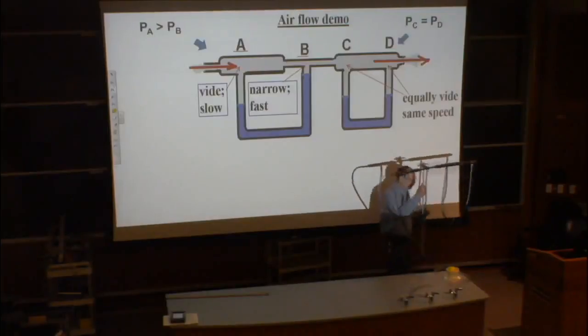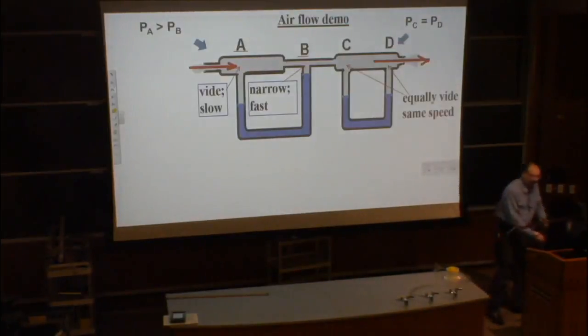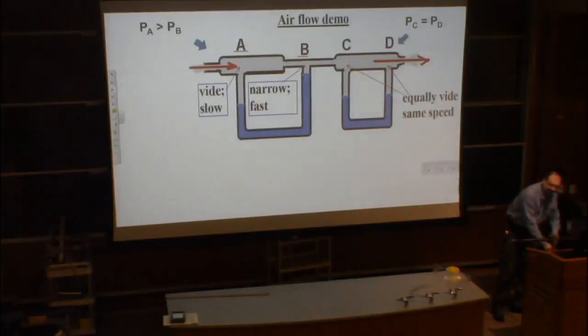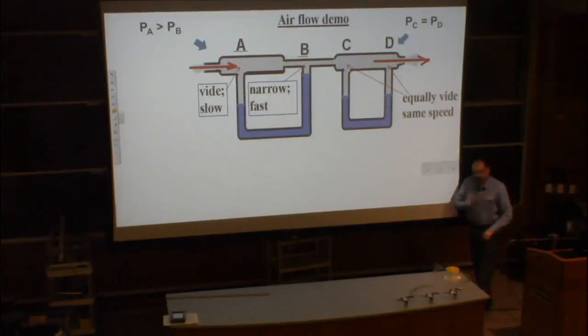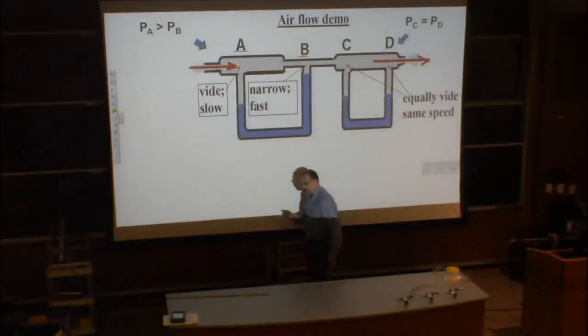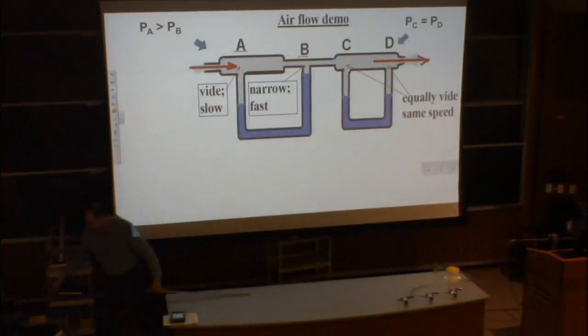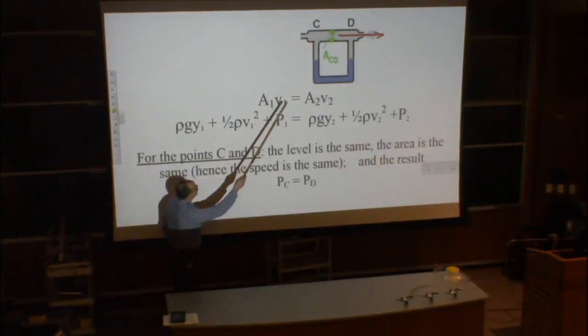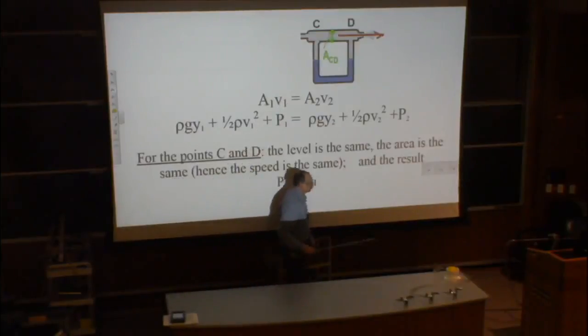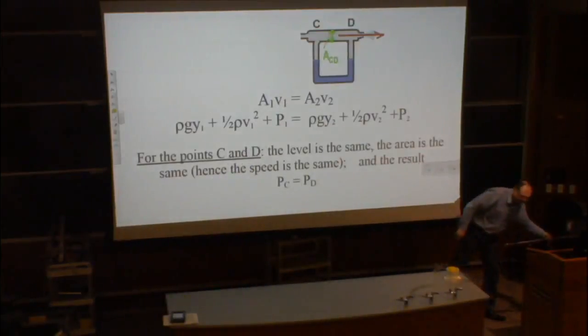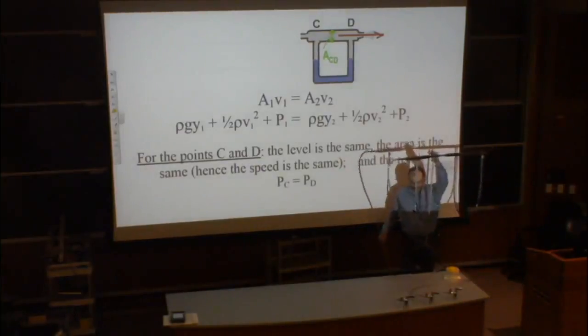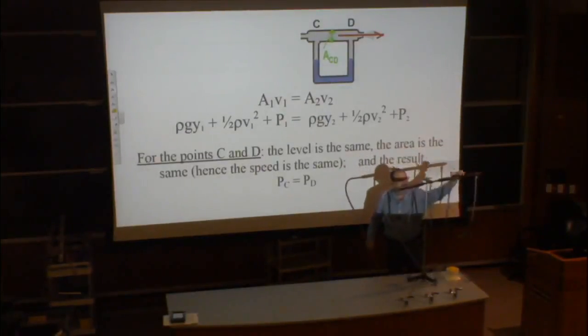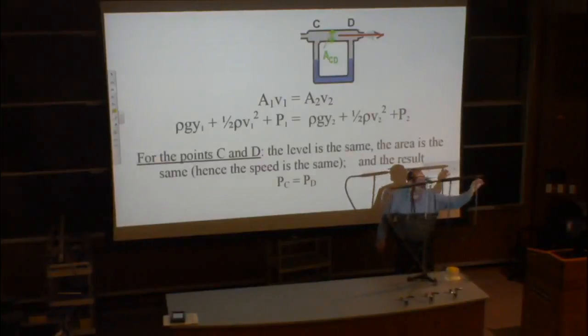So how can we explain this? Well, now we know how. We have two equations. The first equation, the continuity equation, tells nothing about pressure, but it tells something about speed. So this is important. In this part of the tube, you see, this tube manometer is connected to a pipe with the same diameter.